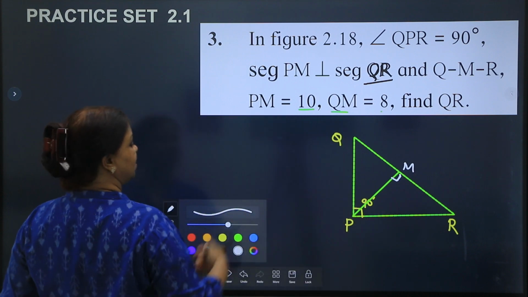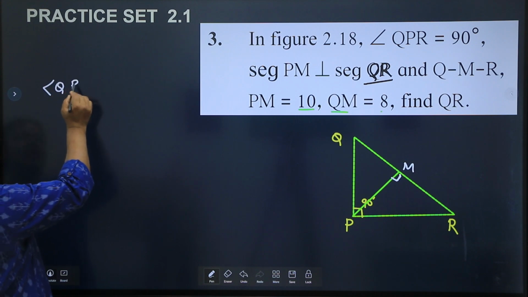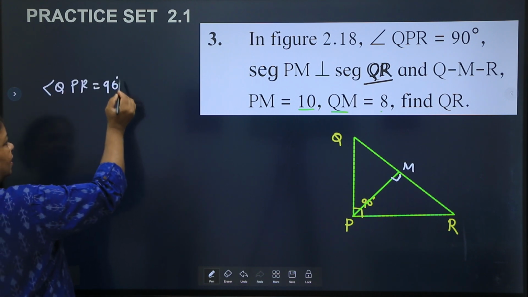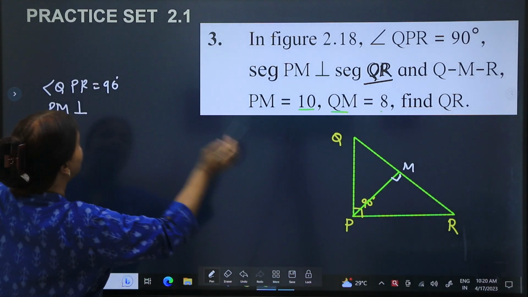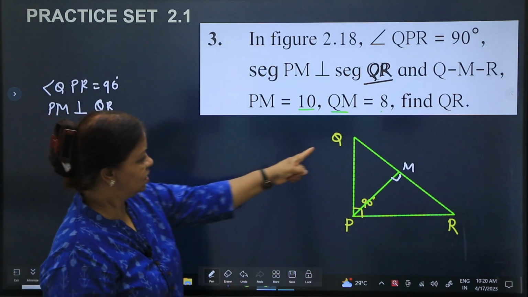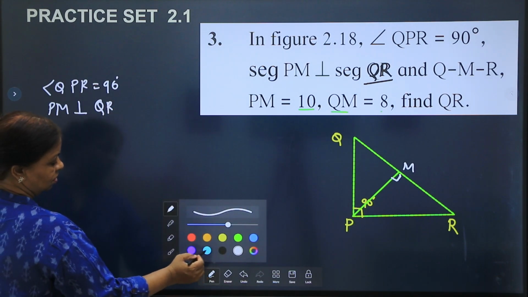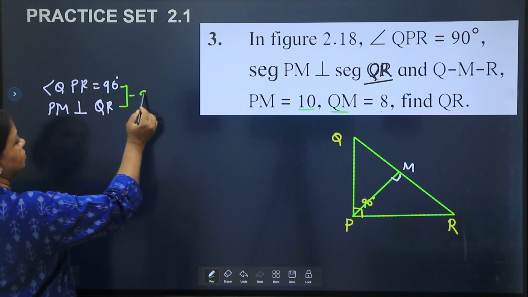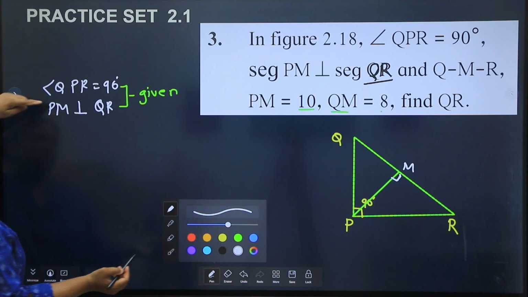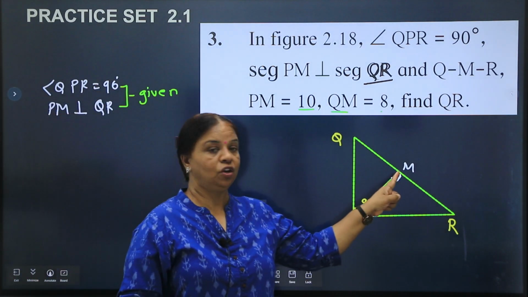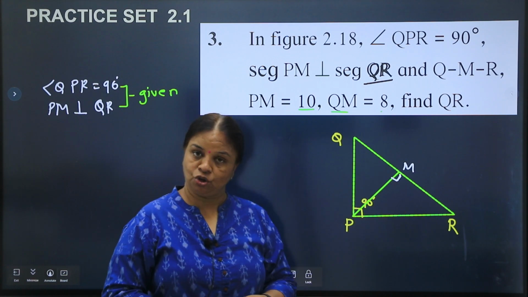So let's write it first. Angle QPR is equal to 90 degree. PM is perpendicular to QR. This is given, and once it is given, from the vertex, if you draw perpendicular on the hypotenuse, then in that case we can use geometric mean theorem.